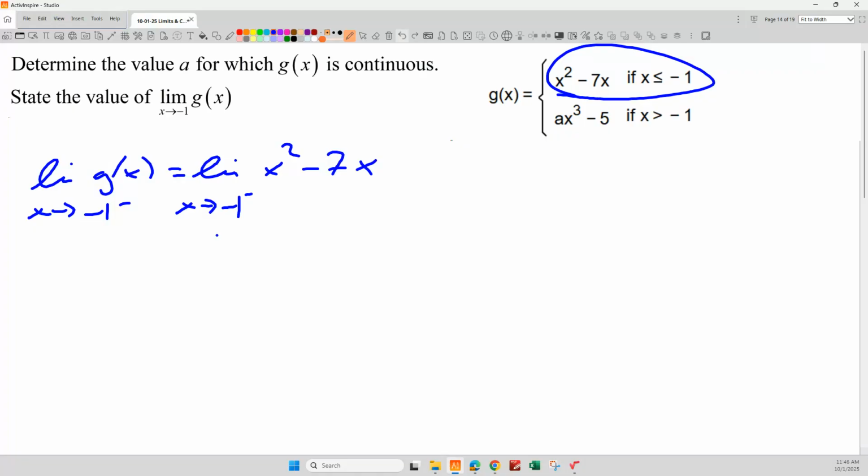Well, what do I get if I evaluate that at -1? Everybody agree? 8? Okay, so that is the limit of g of x from the left. It's 8.